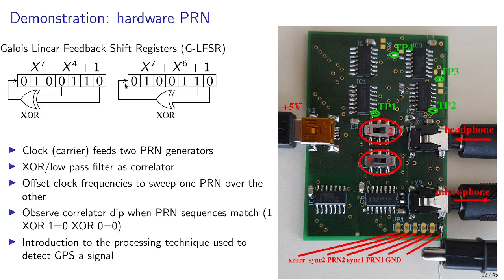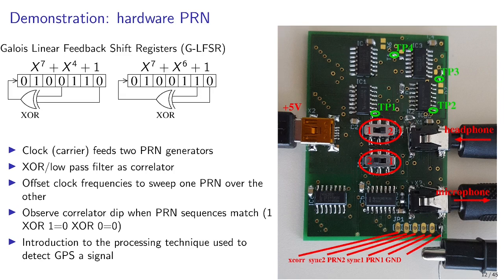Now, the question is, where shall we locate the tap positions? Where shall we locate the input of the XOR so that if at each clock cycle the content of the shift register is shifted to the right, and the last bit is dropped as the output of the linear feedback shift register, under what condition is the tap location leading to a maximum length sequence, meaning a 2 to the n minus 1 long sequence?